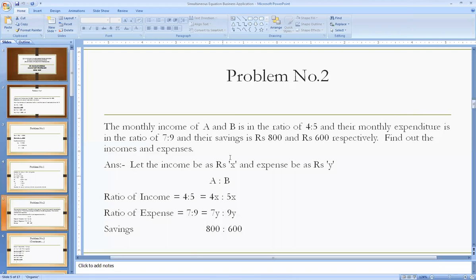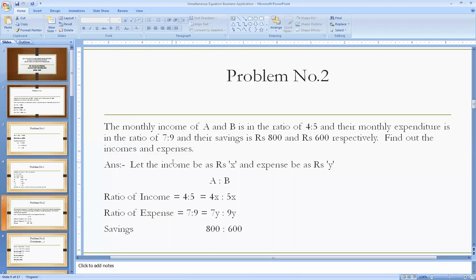The monthly income of A and B is in the ratio of 4 is to 5, and their expenditure is in the ratio of 7 is to 9, and their savings, that is A's savings will be 800 and B's savings is 600. So we need to find the incomes and expenses of both the persons A and B. So here they have given very specifically the income and expense ratios.